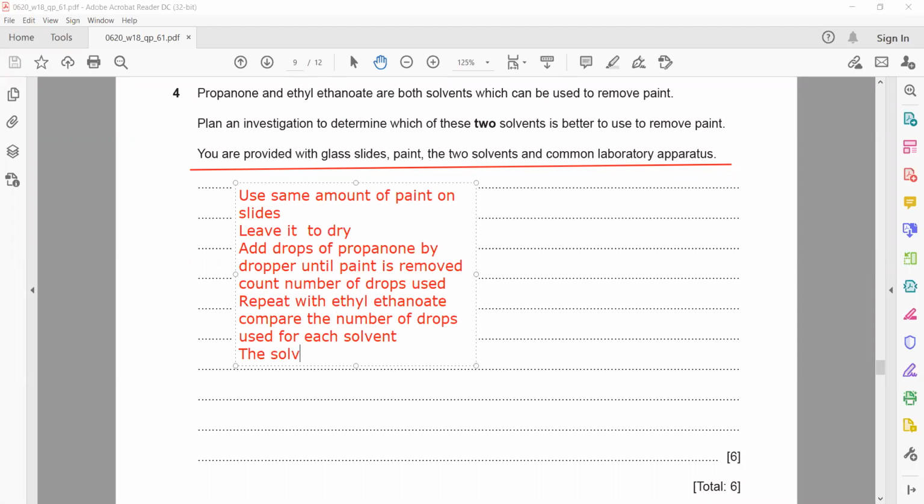The solvent which removes the paint with the least number of drops is the better paint remover. Is this experiment clear?